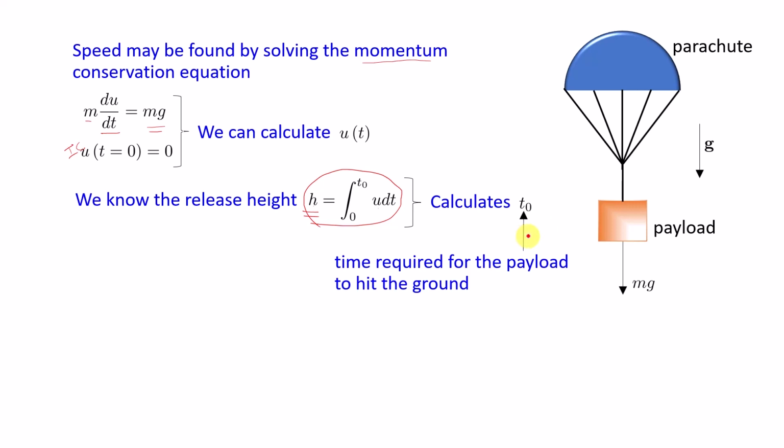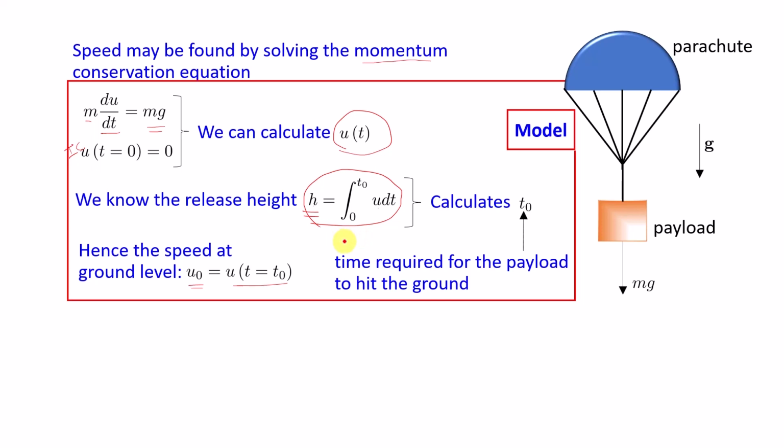We want to know the speed of the payload at the time when it hits the ground. We already know u, the speed of the payload, as a function of t. Therefore, the speed of the payload at ground level is u0, which is u at t equals t0. T0 we have calculated from this integral. So this completes the picture.